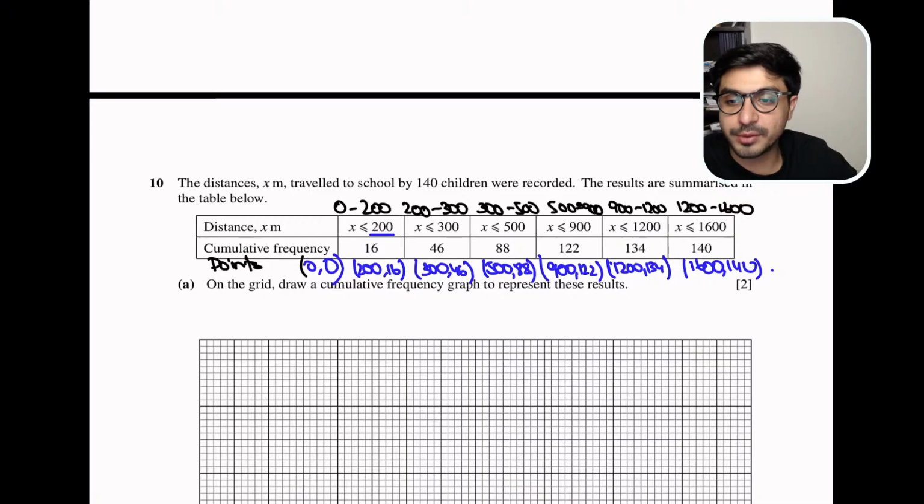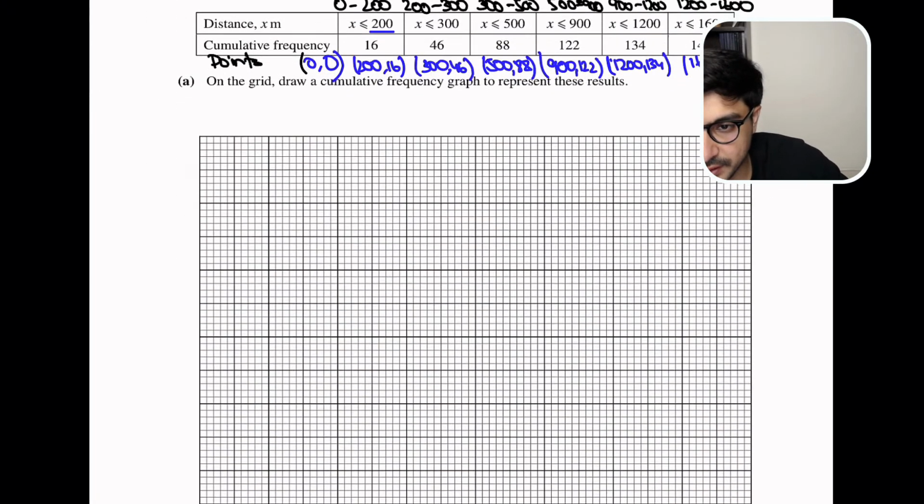Let's move on. We just need to draw the cumulative frequency graph. If we need to draw it, first of all we have the points already. Now we're going to plot these points on the x-axis.